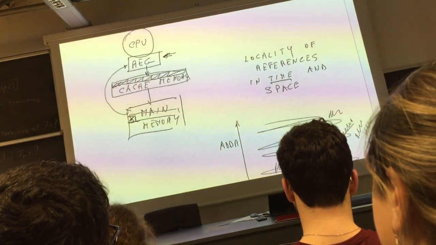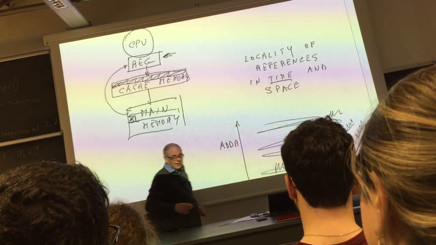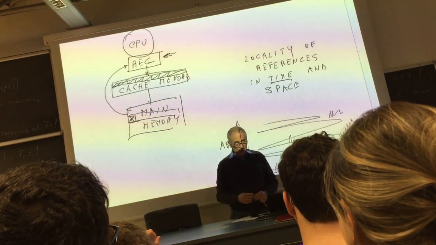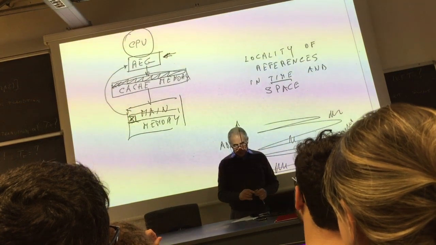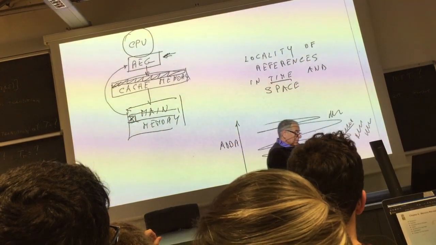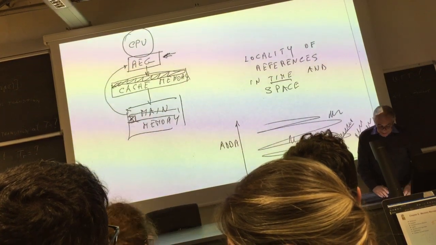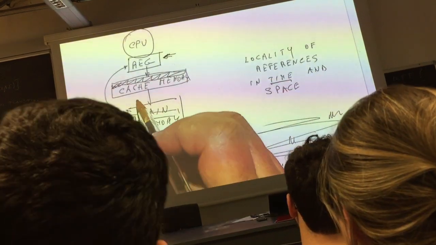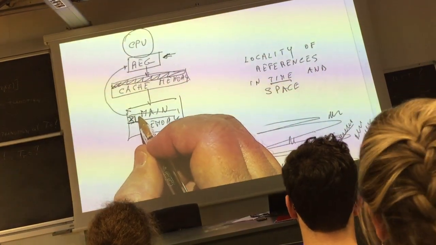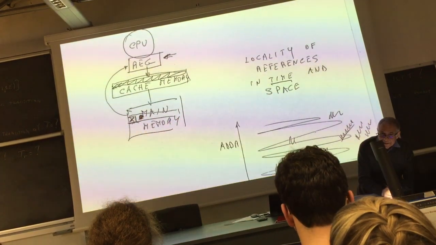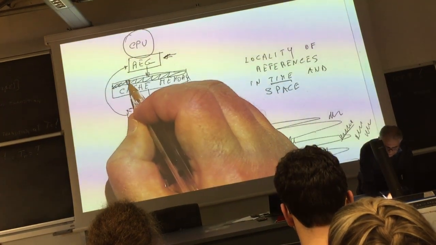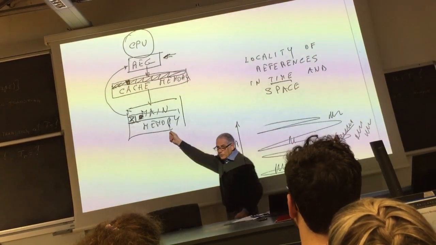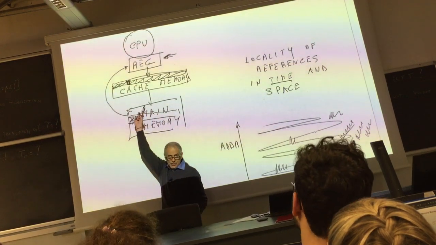This is called cache memory because it's hidden from the programmer. It's transparent to the programmer. It's used by hardware just for speeding up the access. So for the next reference, it's extremely probable that this data will be found here. So the access time will not be the one of main memory, but the time of the cache memory. Okay?